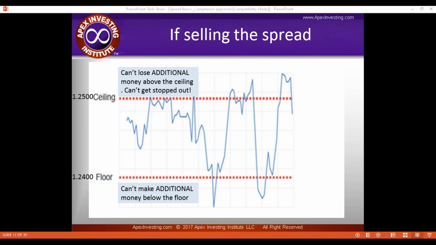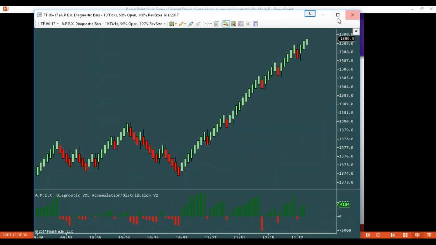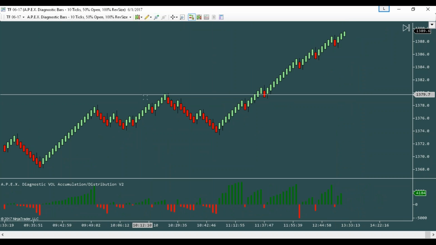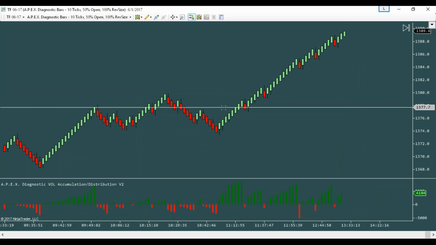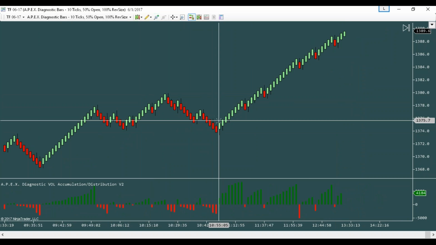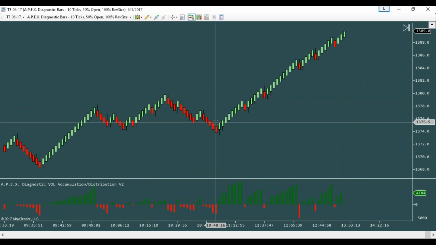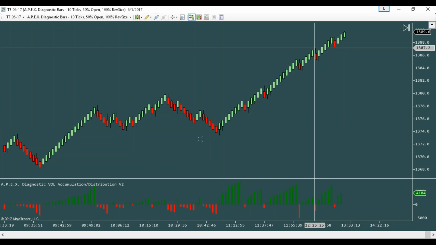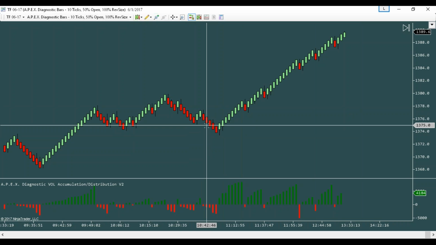Let's say we want to go short. We think the market is going down, and the market turns against us. Let me pull a chart over here. Let's say we were trading the Russell, and right here we thought the market was going down. We thought the market was going short. But we were wrong, and the market takes off and shoots way up, hundreds of pips, hundreds of ticks against us.